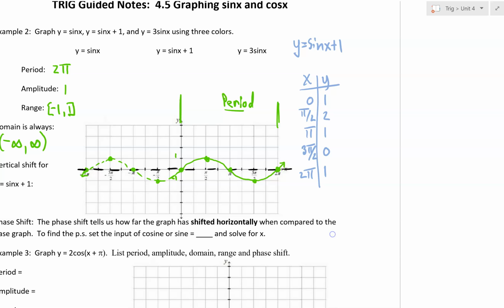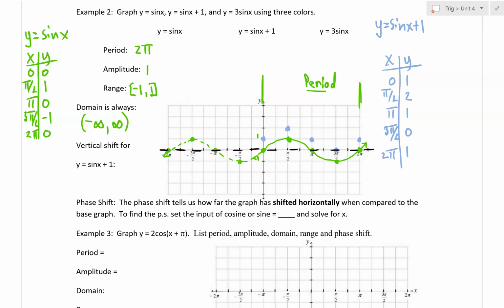So start with the first one, 0, 1. So now we're going through here. And then it's going to be pi over 2, we're up to 2. And then down to 1 again at pi. And then down to 0. And then back up to 1. Now, I said that this would go, it's going to be 0, 0 on the new midline. Well, what's happening here?